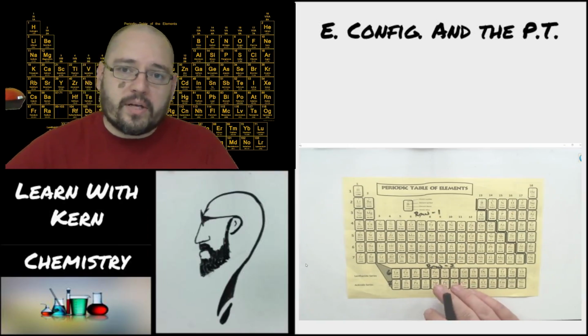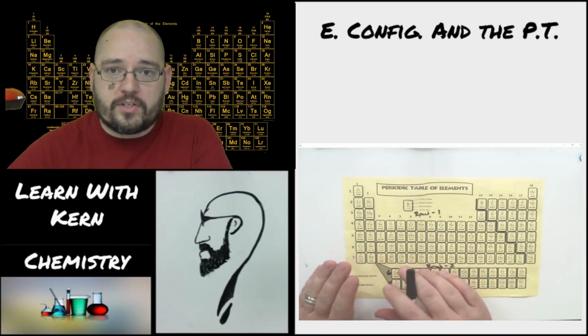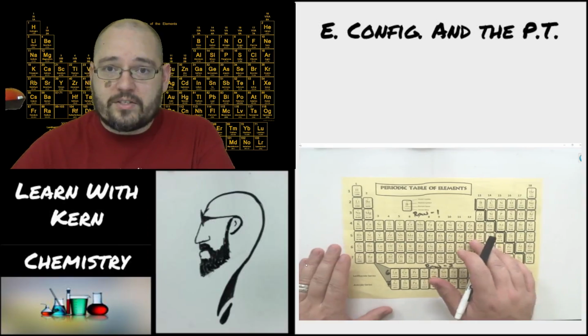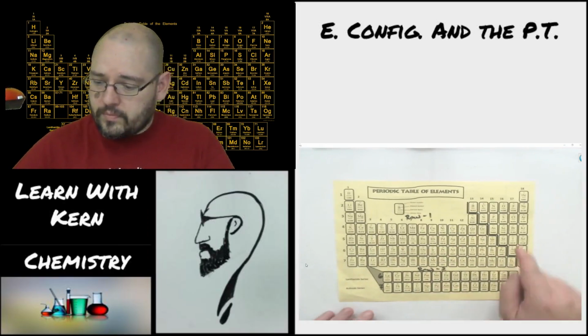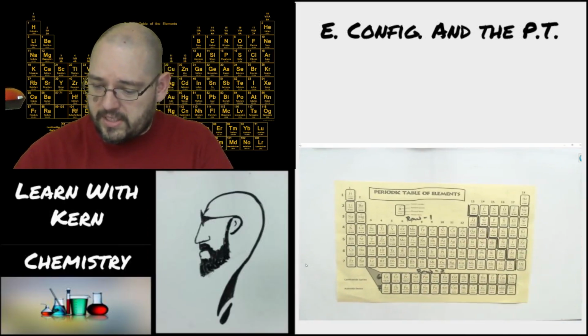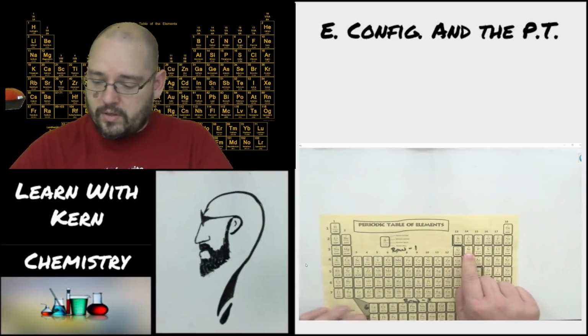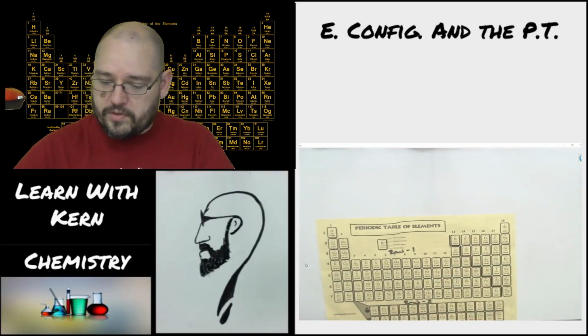And so what's helpful about this is figuring out the last term of our electron configuration, right? Because we just fill everything up until we get to that last term. So let's pick an element, and let's just do, say, silicon. Silicon's number 14. I'm going to write out the full electron configuration for silicon.